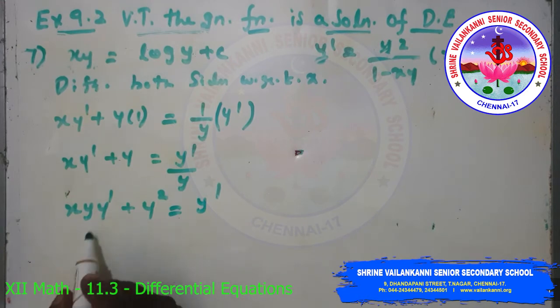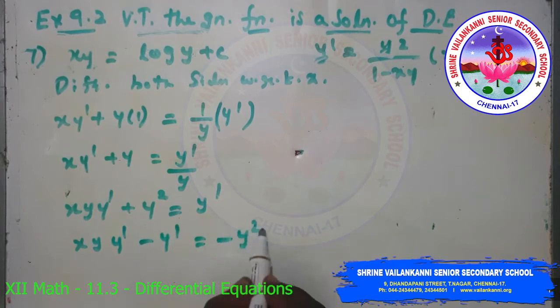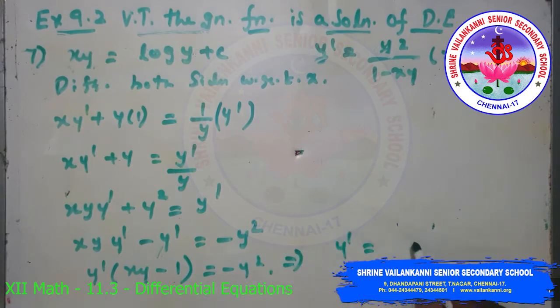So we have xy y dash minus y dash equal to minus y square. Combining the first order derivative, we can take y dash common: y dash into (xy minus 1) equal to minus y square. Hence we get y dash equal to minus y square by (xy minus 1).